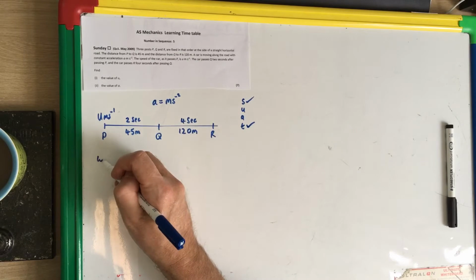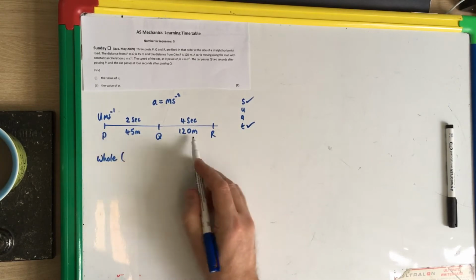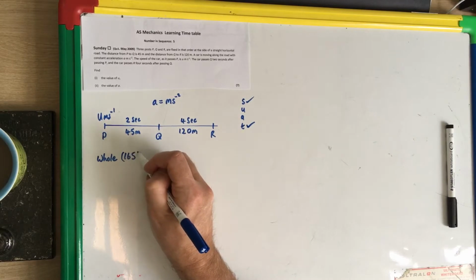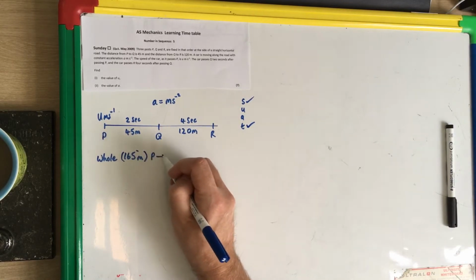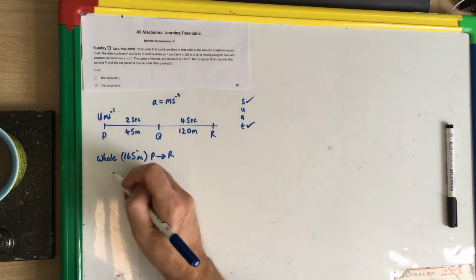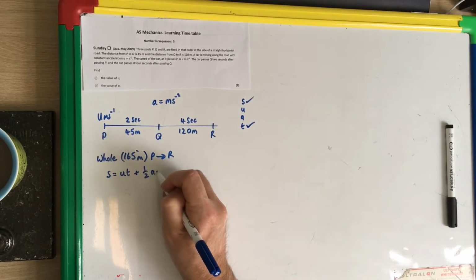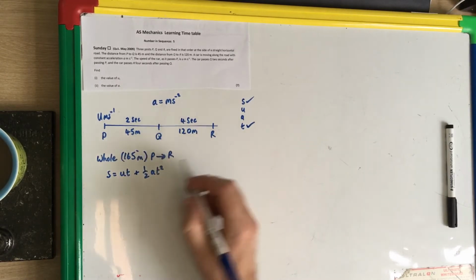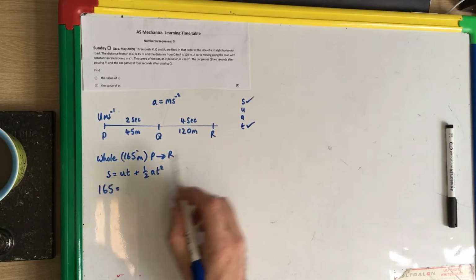I'm going to set up the whole thing, okay? So the whole thing is 165 metres, isn't it? That is from P to R. So the whole thing, I'm going to go s equals ut plus a half a t squared, and the whole thing is 165, is equal to u times t.